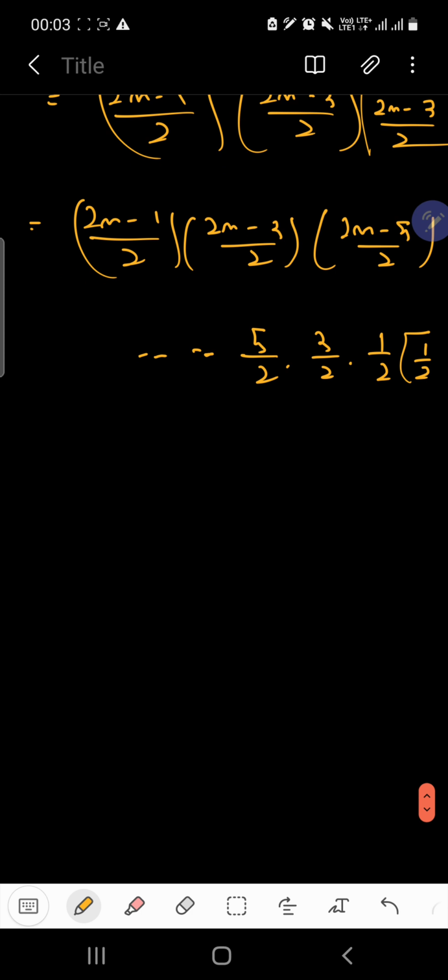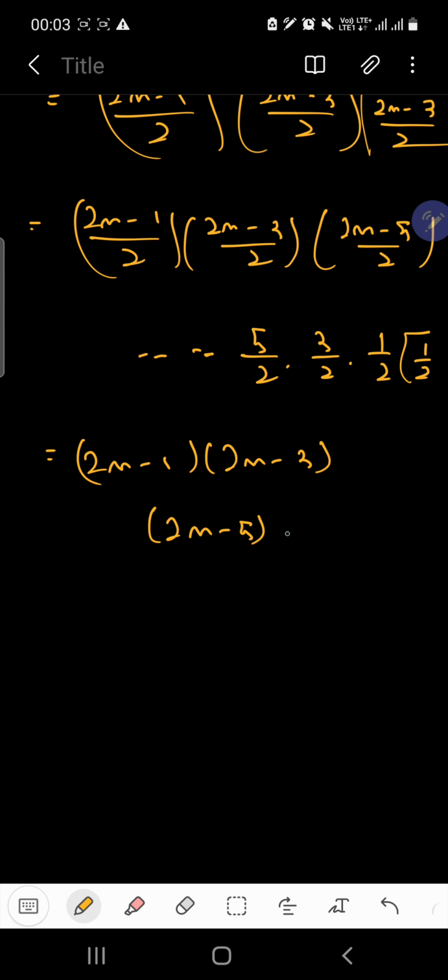So now it is pretty easy to understand that this actually becomes 2n minus 1, 2n minus 3, 2n minus 5, continuing till 5, 3, 1. Here is a root pi. Below, you have 2 to the power n.